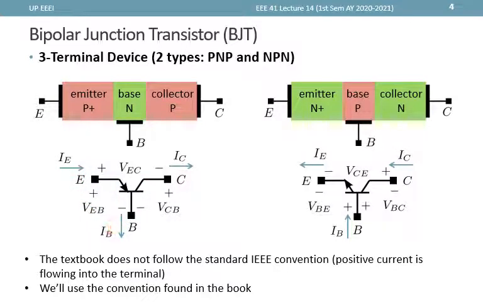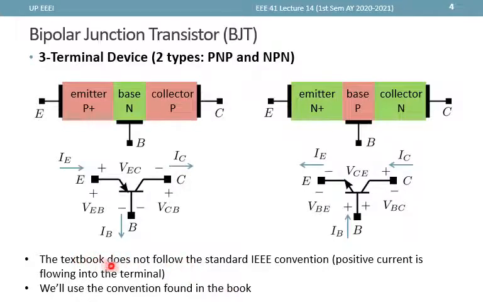In terms of current, we have emitter current IE, collector current IC, and base current IB. We'll use this notation for the direction, which is consistent with the one found in the book.